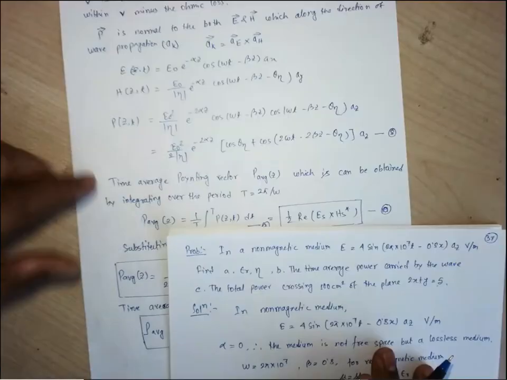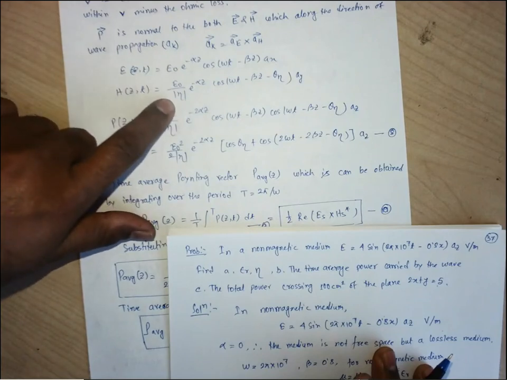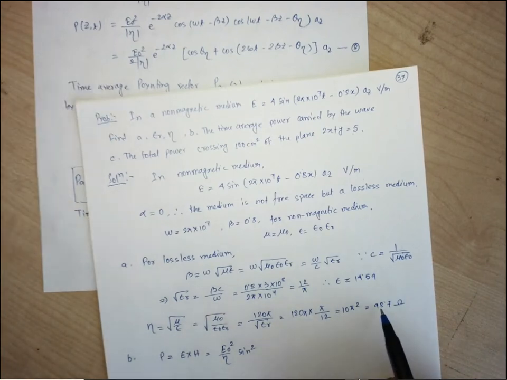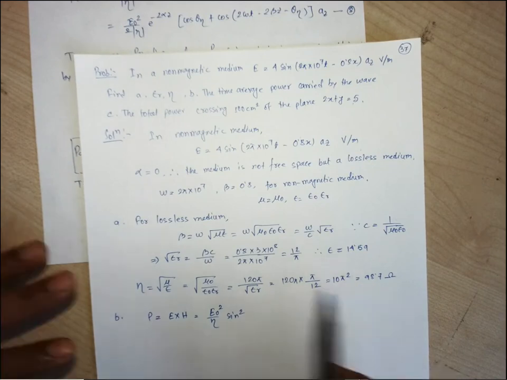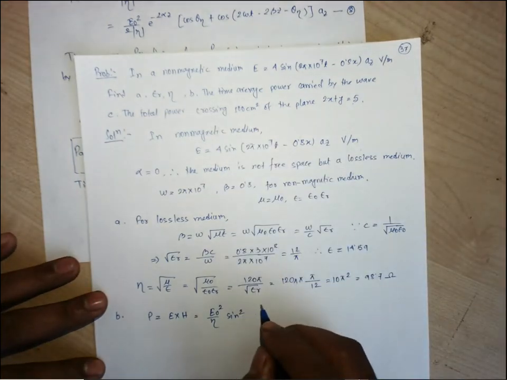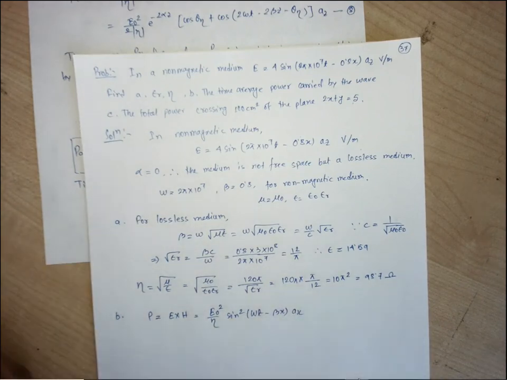Here there is no angle with this eta. Eta is purely real, right? So there is no phase difference between E and H. We can directly write like this. So the same thing will remain the same. It will be omega t, I am just writing the generalized expression, minus beta x, which is along the x direction. The wave is propagating along x, right? So this is our Poynting vector.